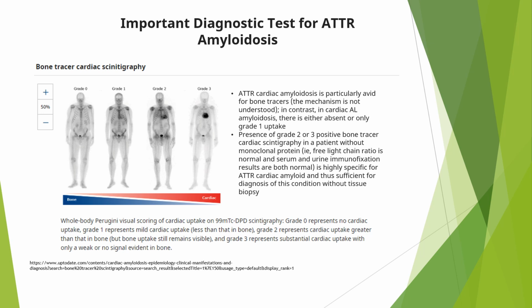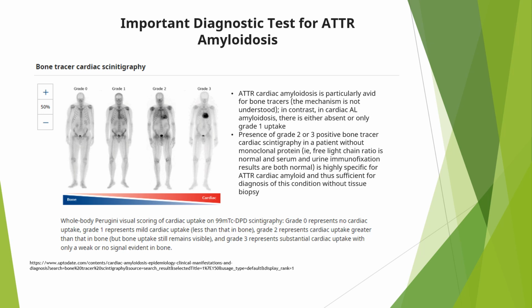So this is basically what bone tracer cardiac scintigraphy is. I will be discussing this diagram that you see. We have a whole body planar visual scoring of cardiac uptake, and we do the 99m technetium scintigraphy, in which we see that grade 0 represents no cardiac uptake.